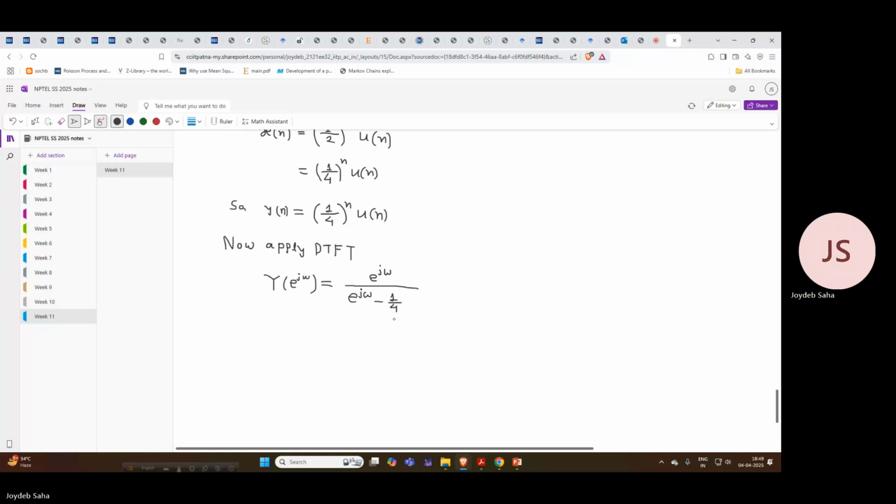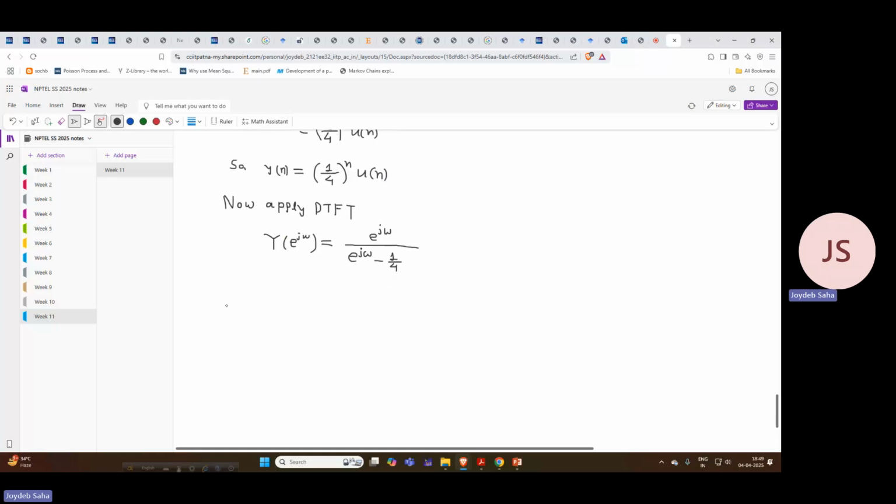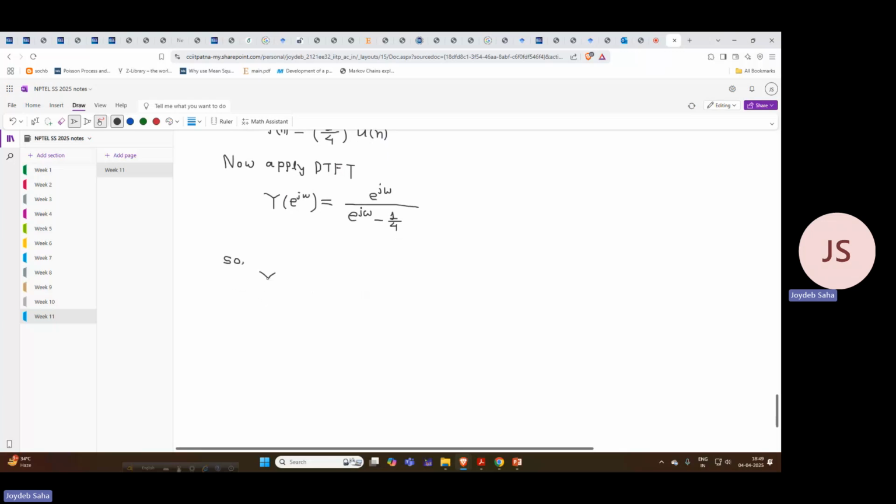Okay, so what will be the value at e to the power j0?